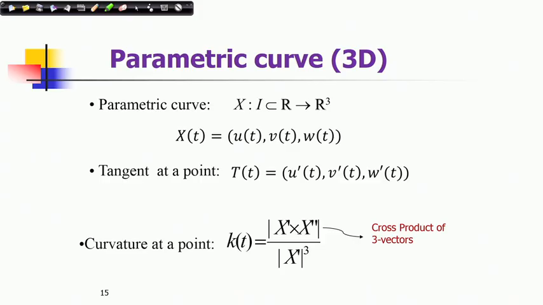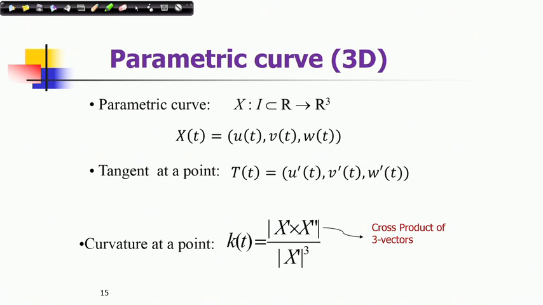Again the parameter varies within an interval I of real space, and you have an additional coordinate z, which is shown as a function w(t) here, in addition to the u and v functions for the corresponding x and y coordinates.